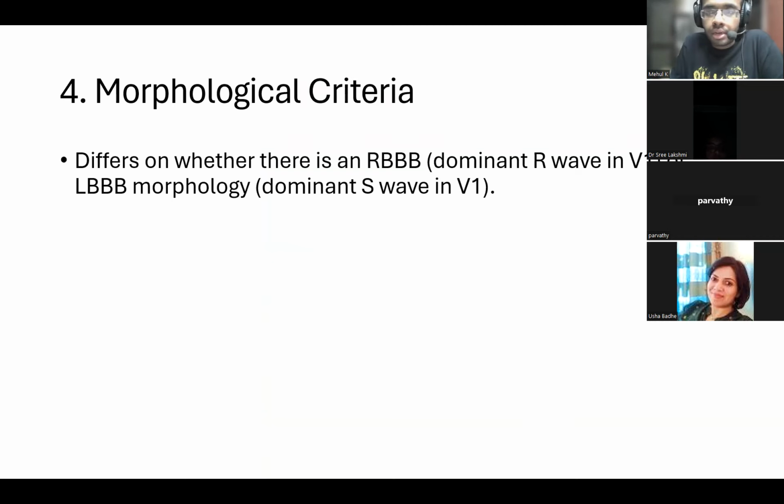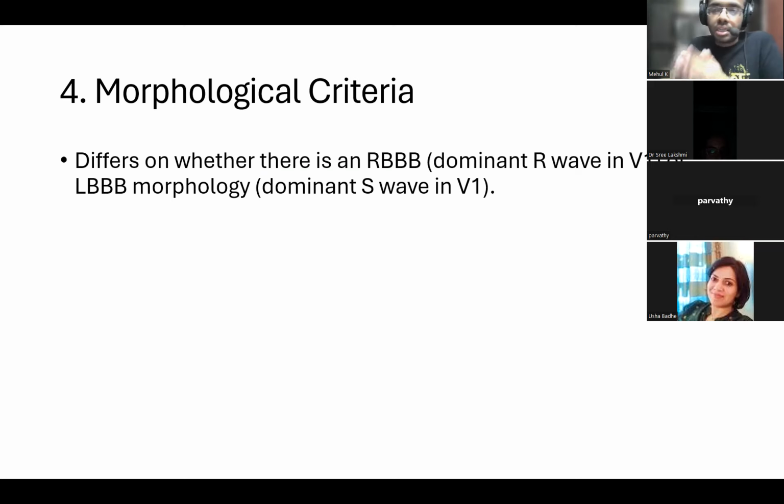So those were the relatively easy parts. The difficult part of the criteria is actually the morphological criteria. The basic funda of the morphological criteria is whether the pattern is fitting with the normal RBBB or LBBB, or whether it is looking like something else.